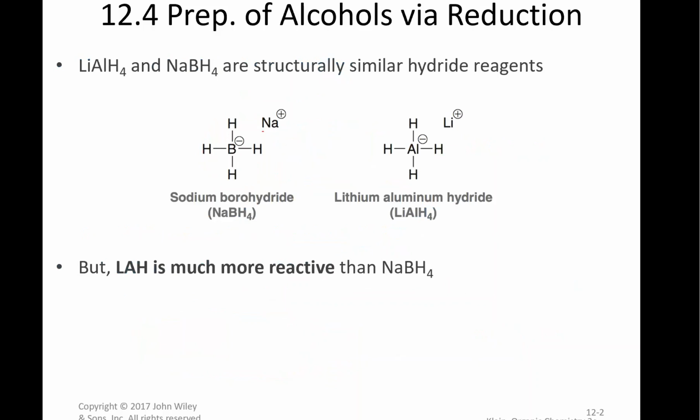That's because lithium aluminum hydride is more reactive, and if it was exposed to water, it would react with water, which we don't want. And so typically, this reaction with lithium aluminum hydride is done in a polar aprotic solvent, and then water is added after the reduction has taken place to quench the reaction.